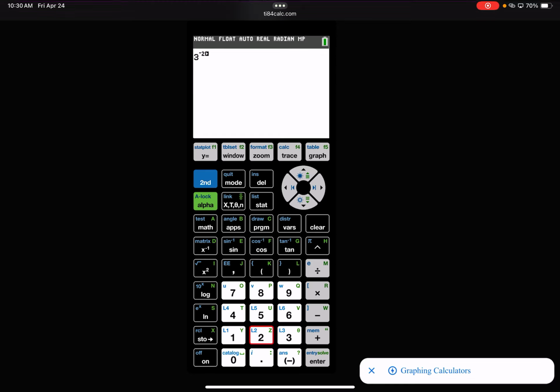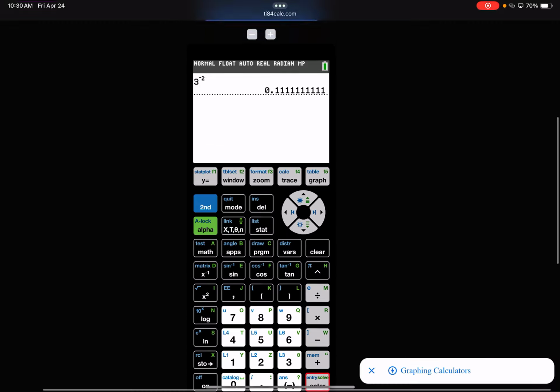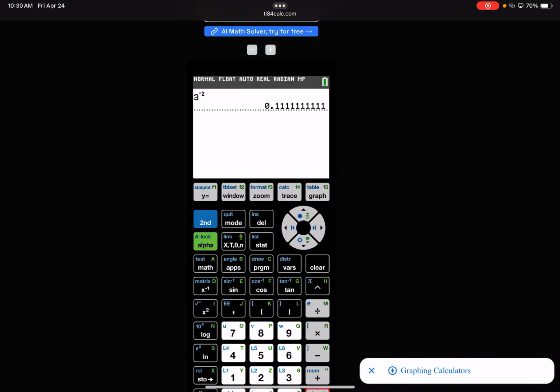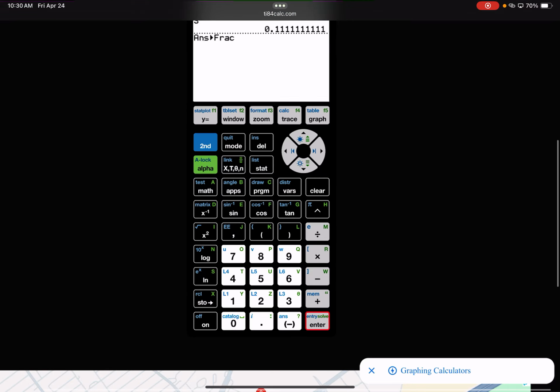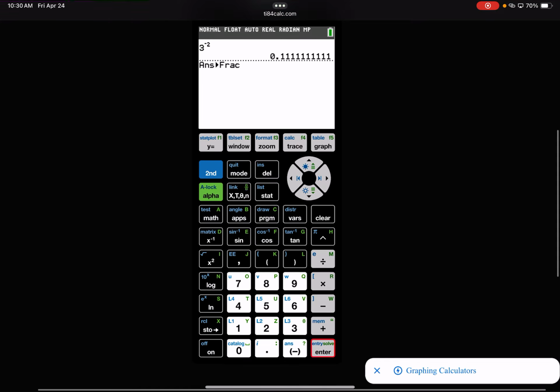Hit enter to get a decimal, and then hit the math button, and it's on fraction there, and you just hit enter, so it'll turn that decimal into a fraction. Just hit enter one more time, and it gives you 1/9.